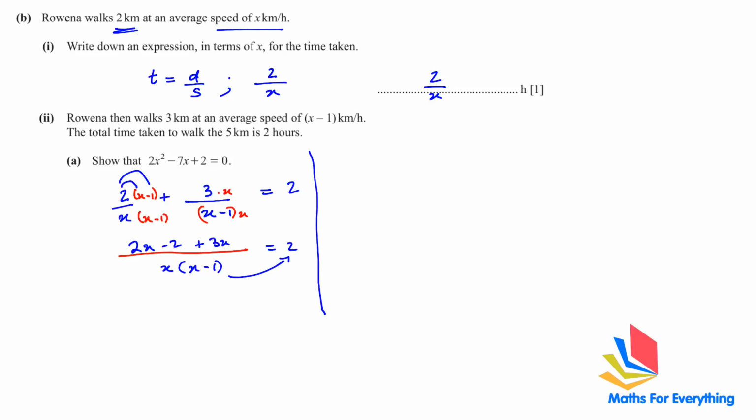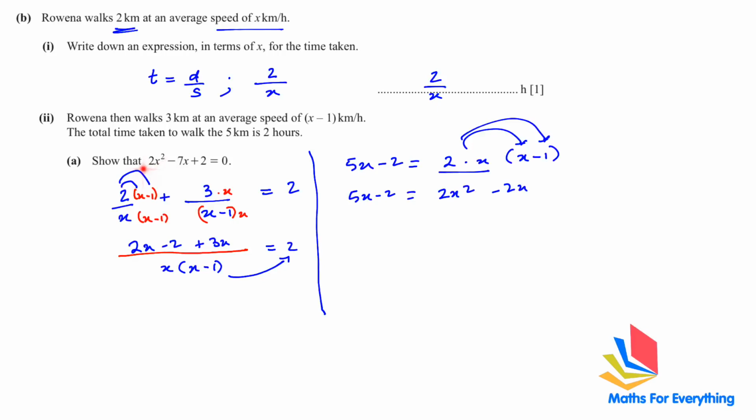And let's simplify the numerator. 2x plus 3x will be 5x minus 2 is equal to 2 times x minus 1. 2x multiplied by x will give us 2x square, and 2x multiplied by negative 1 will give us negative 2x.